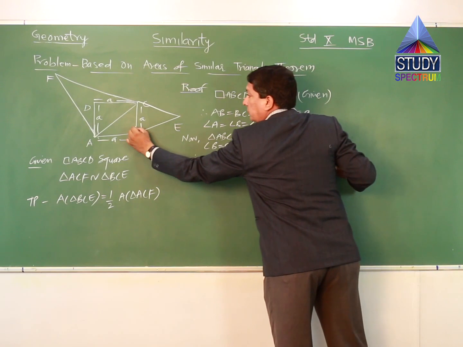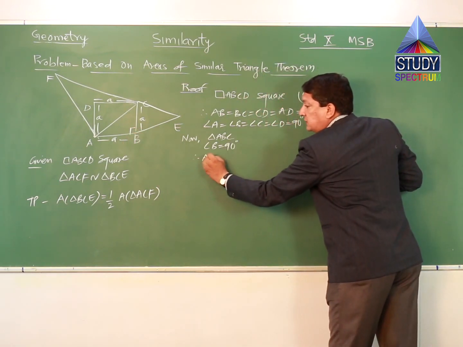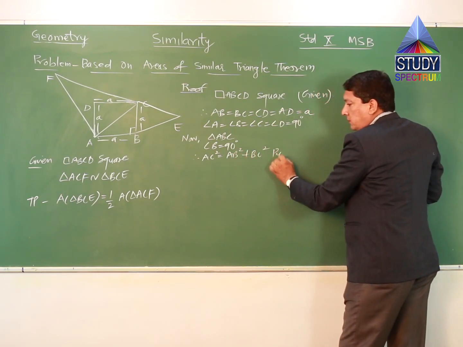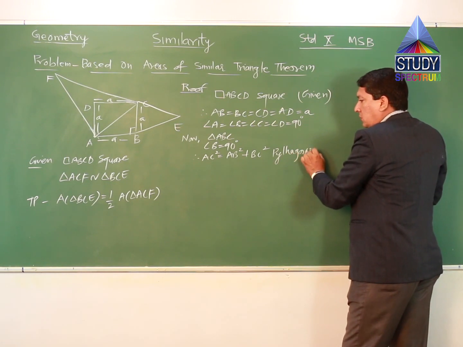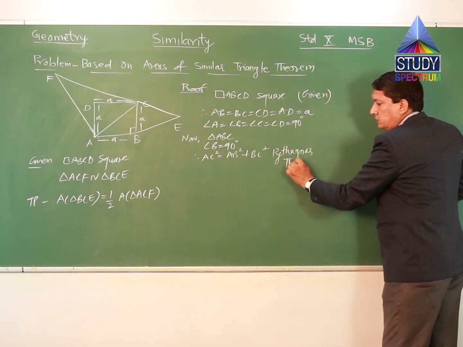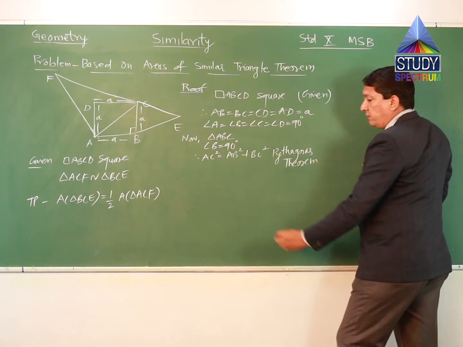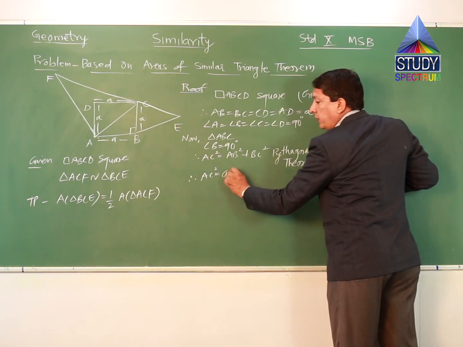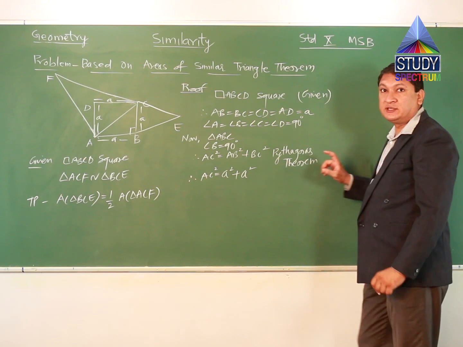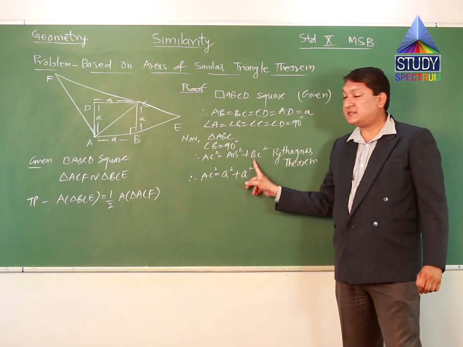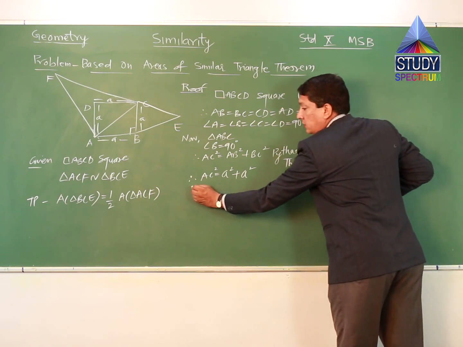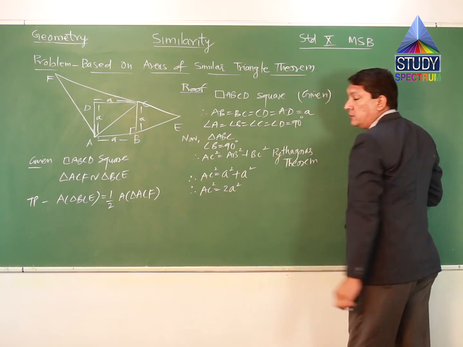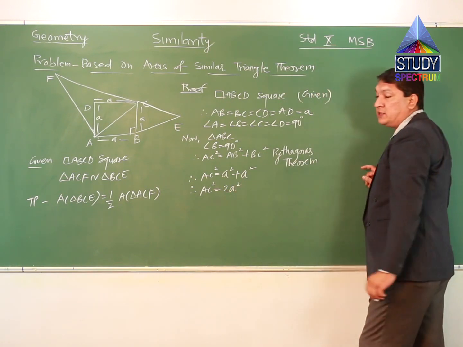Therefore, if I apply Pythagoras theorem, I can write AC square is equal to AB square plus BC square. Therefore, AC square is equal to a square plus a square, because AB is a and BC is a. Therefore, AC square equals 2a square.